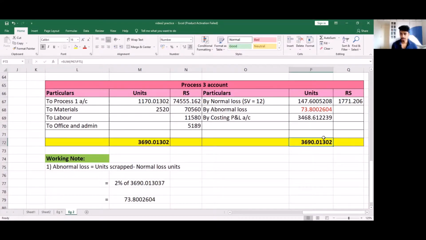Now let's calculate the cost per unit. So we use the same formula. Total cost minus normal loss realization divided by input minus normal loss units.